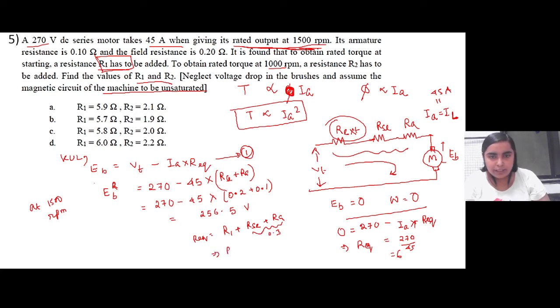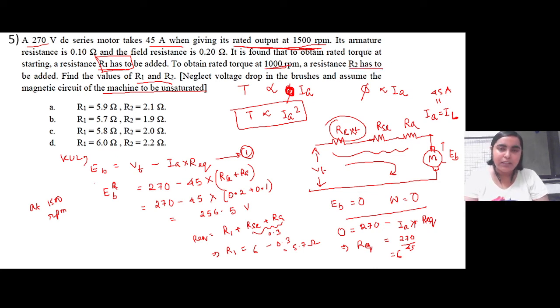So from here we can calculate R1 is equal to 6 minus 0.3, that is 5.7 ohm. Now in the next part, to obtain rated torque at 1000 rpm, a resistance of R2 has to be added.